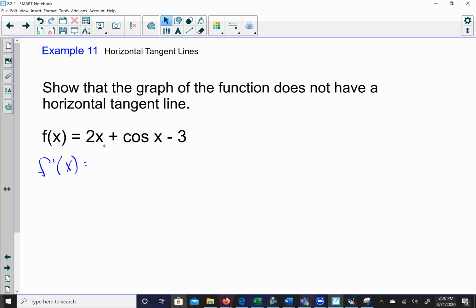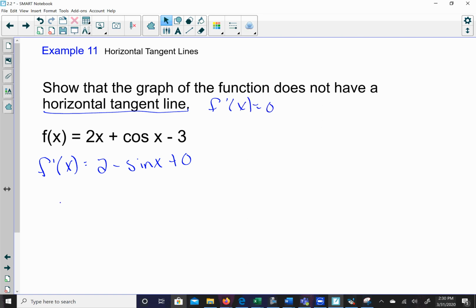So the derivative of 2x will just be 2. The derivative of cosine is negative sine. And then the derivative of 3 is 0. Remember, the horizontal tangent line means that the derivative is going to equal 0.